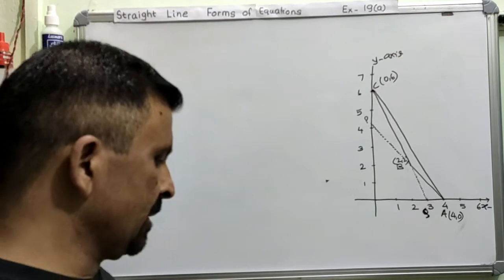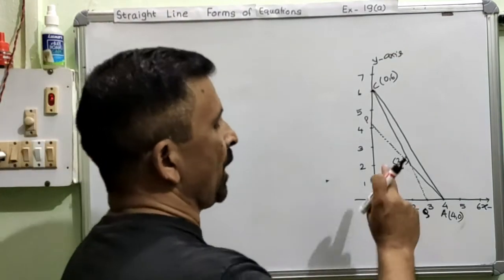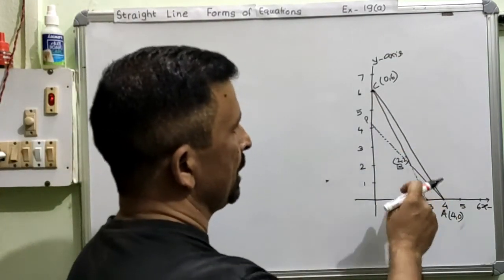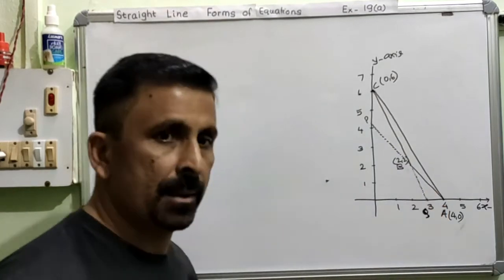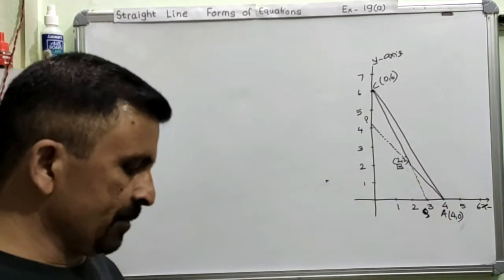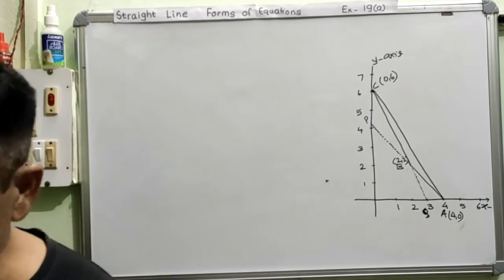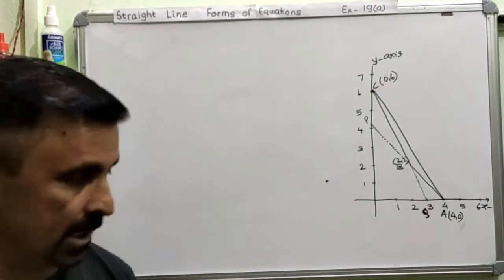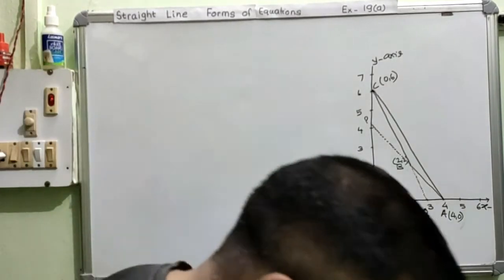Till here the question is this. Now the first part of the question is: find the coordinates of P and Q. Clear?